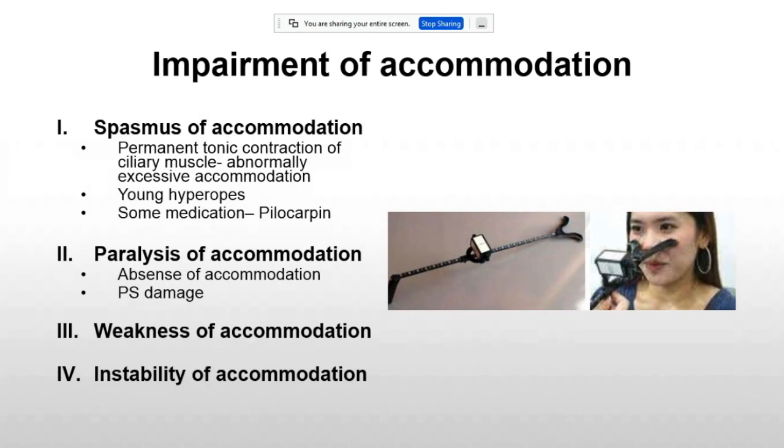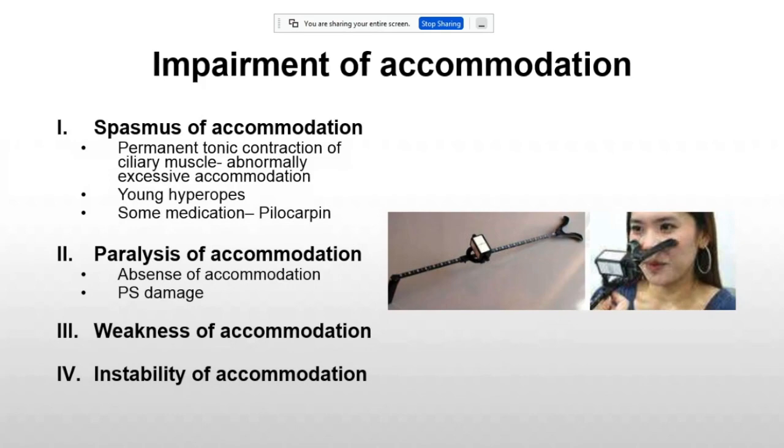So when you do cycloplegia and relieve these spasms, it's actually the treatment. And you can give some plus glasses, maybe only for reading at near distance, in order to avoid further spasms of accommodation.